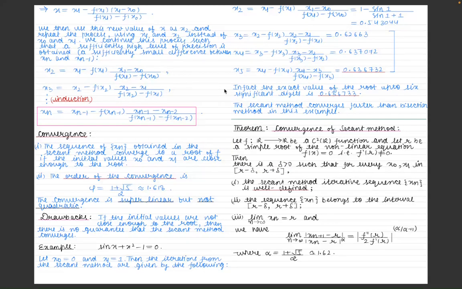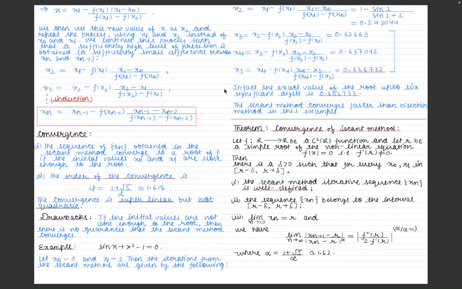You see, the fifth iteration has only a gap of 0.00001.